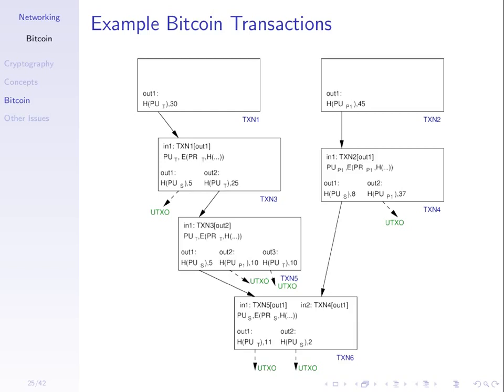And I pay 11 to Tanarak and 2 to myself. The change goes back to me. So it's like I've got 13 Bitcoins, I give 11 to Tanarak, and the change, the 2 remaining, is kept for me. That's what this sent to myself is. And it was signed using my private key, proving that I'm allowed to spend it, because the previous transactions referred to my public key.